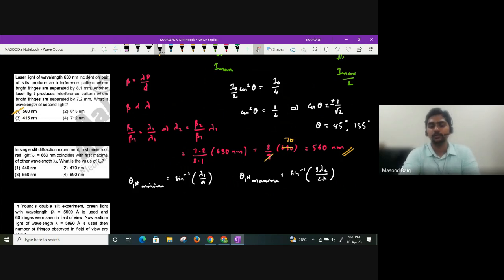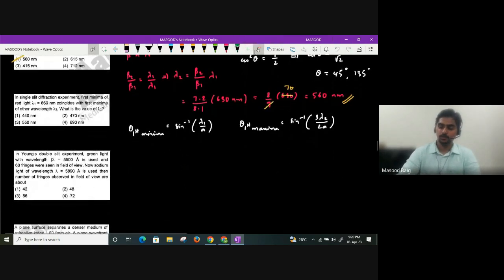For small angles, sine theta value becomes theta. So if I am using lambda 1 wavelength, the angular position of first minima is approximately lambda 1 divided by a. And if I am using the second wavelength, the angular position of first maxima is approximately 3 lambda 2 divided by 2a.